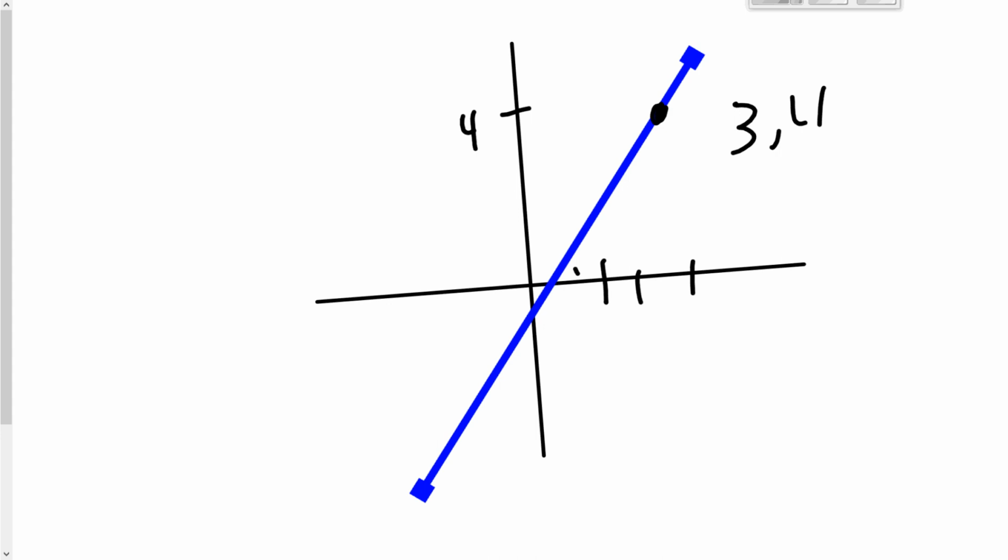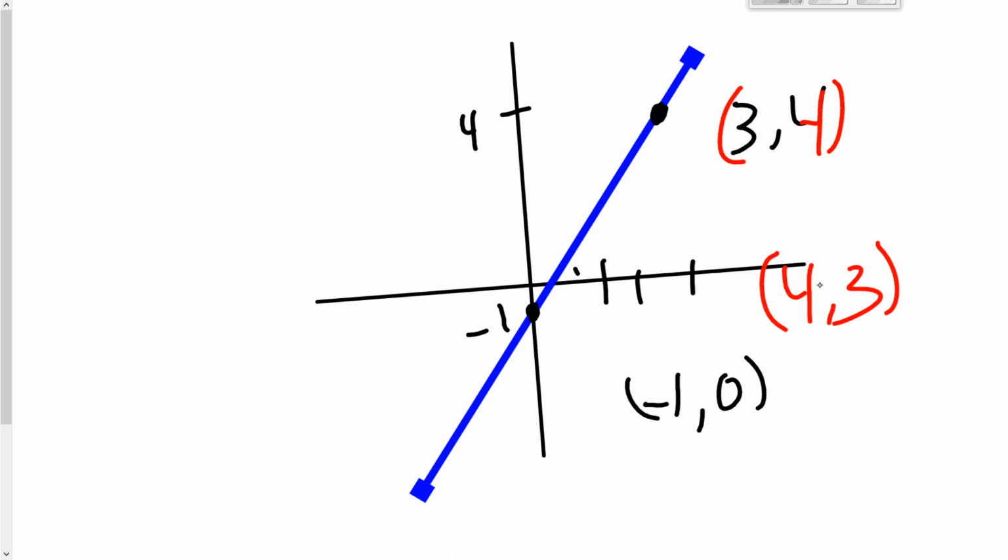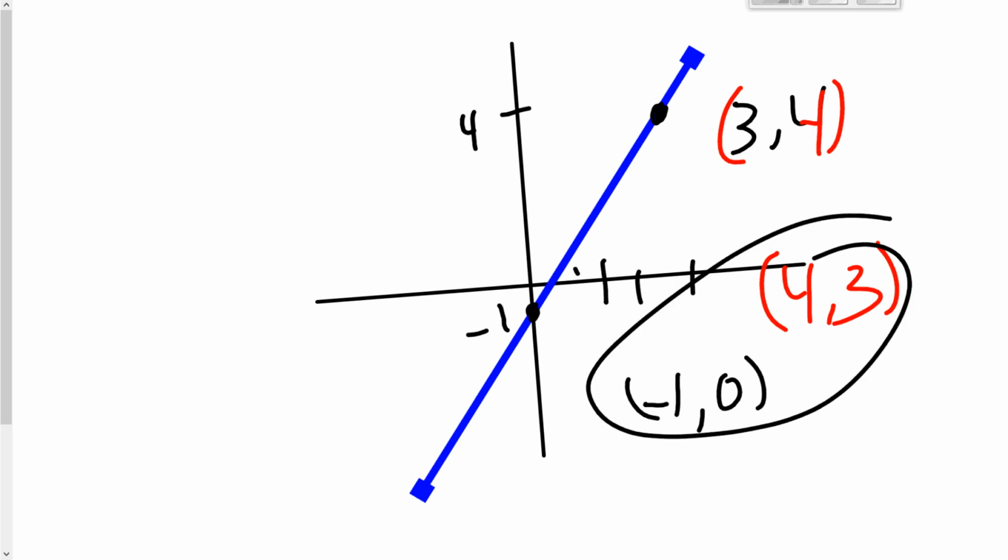So the inverse would have some point 4, 3 on it, right? Because I just switched the x's and y's. And then I'd find a second point, say 0, -1, and I'd switch that one to -1, 0. And then I'd plot these 2 points, 4, 3, so somewhere right there.